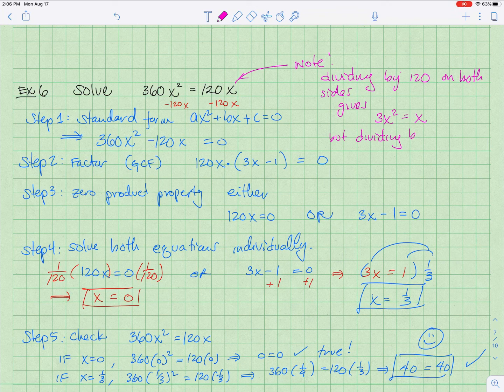But dividing by x gives 3x equals 1, which means that x equals 1/3.